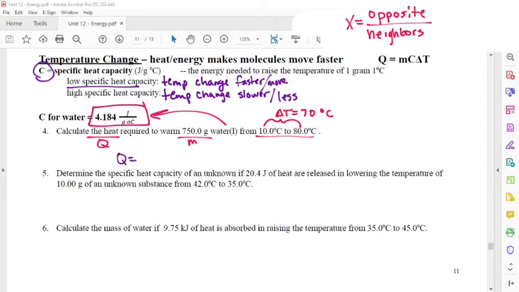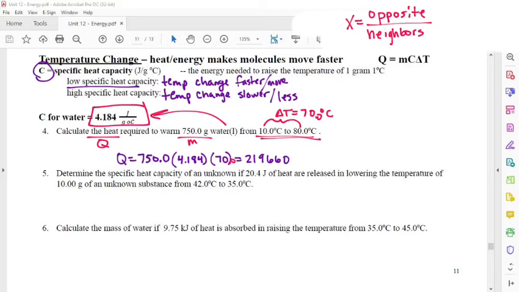So Q is equal to M times C times my delta T, and multiplying those all together gives us 219,660, and I guess I didn't include all my sig figs here. This is 3 sig figs because I had a decimal place on each of those, so this should be 70.0.